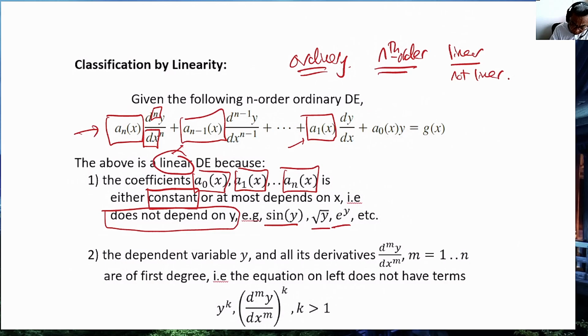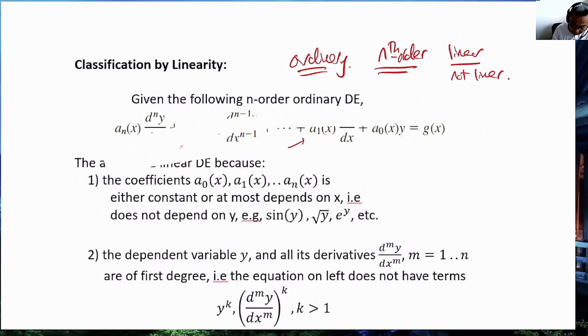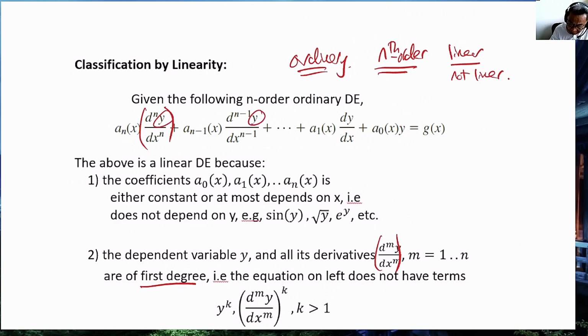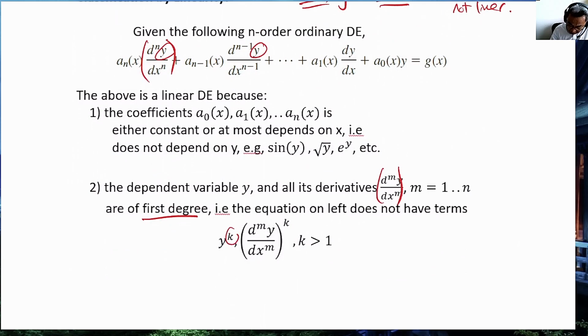The second requirement is that the dependent variable and its derivative must only be of first degree. So here it is only to the power of 1. The equation does not have things like power of more than 1, or this derivative, even though it's power of 1, is to the power of k, where k is greater than 1.